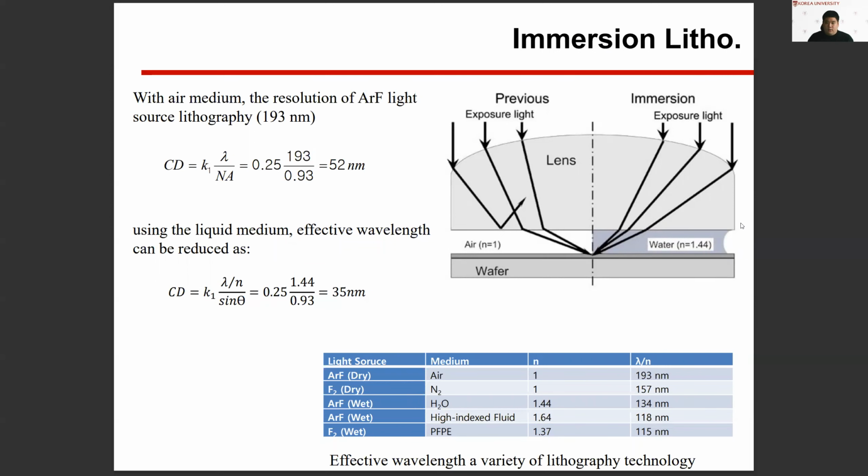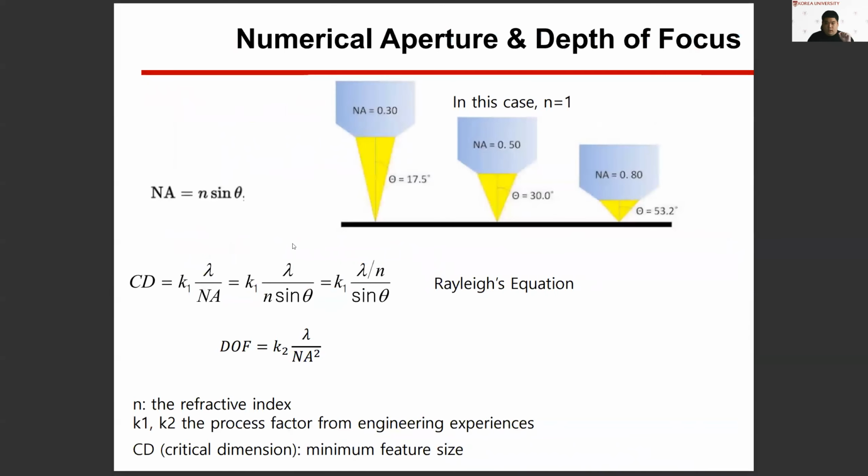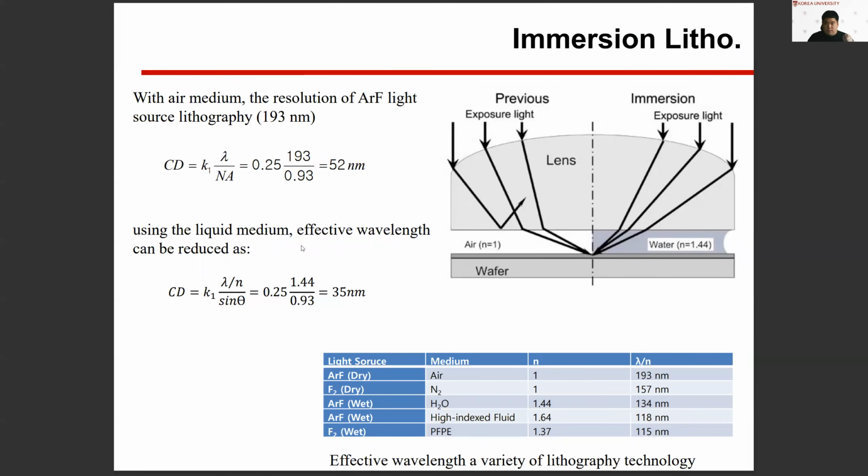Because we need to make the critical dimension as small as possible, and the lambda and geometric aperture cannot be tuned that easily, we sometimes tune the refractive index.